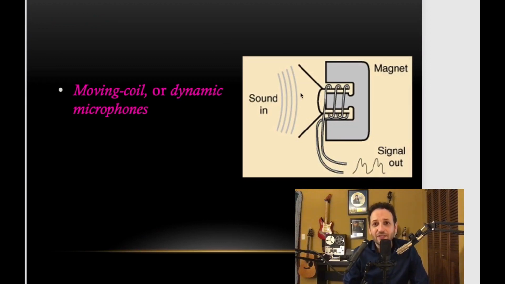And the diaphragm is fluttering back and forth at the same rate as the incoming sound wave. So if I whistle a 1 kilohertz tone, that 1 kilohertz tone is going to hit the diaphragm of the microphone and make that diaphragm flutter back and forth 1,000 times every second.